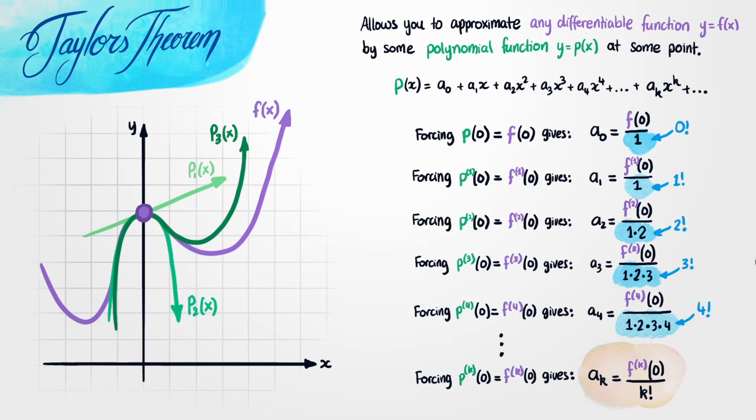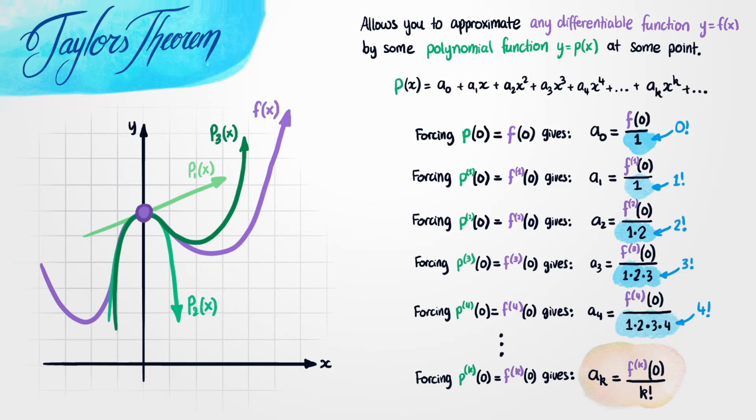Now, if you're anything like me, you might actually find this a little bit unsatisfying. I mean, it's great and all that we can find polynomials of best fit at x equals 0, but what if we wanted to find polynomials of best fit at other x values instead? Well, in order to be able to do that, we're going to need to generalize this formula to be able to work at any value of x, rather than just x equals 0.